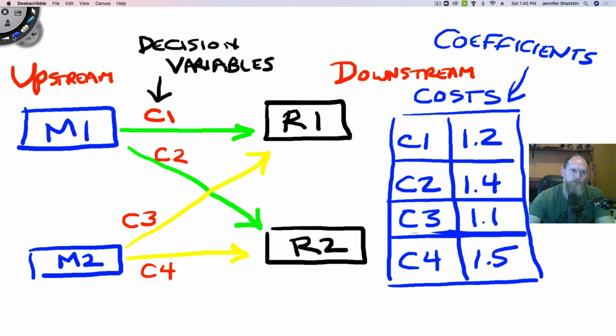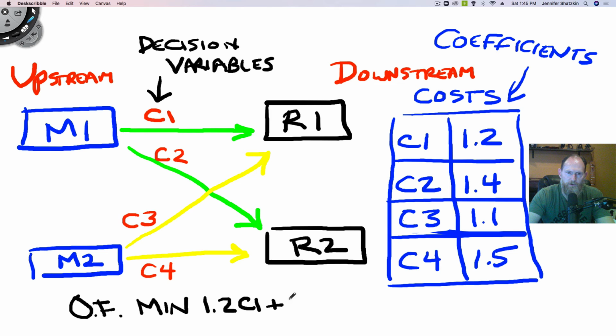Eventually, if we were to write out our objective function, we would write: minimize the following equation. 1.2 C1, see how that's the coefficient for that variable, plus 1.4 C2 plus 1.1 C3 plus 1.5 C4.